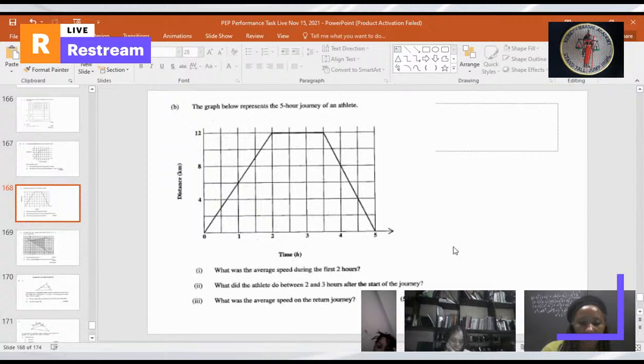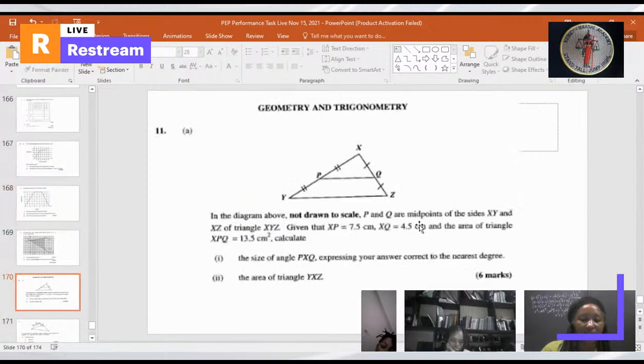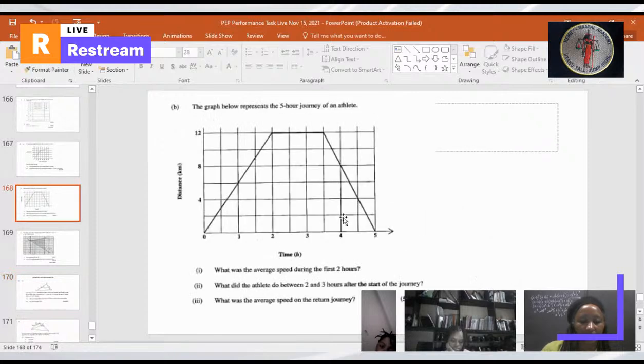The next question says, hold on, let me go back. What was the average speed of the return journey? So this is the return journey. This is where he's going and then he has stopped or is resting here, and this is when he's going back. So on the return journey, how long did it take?